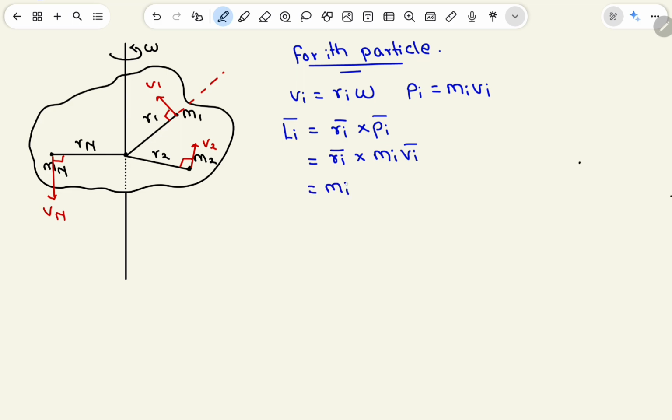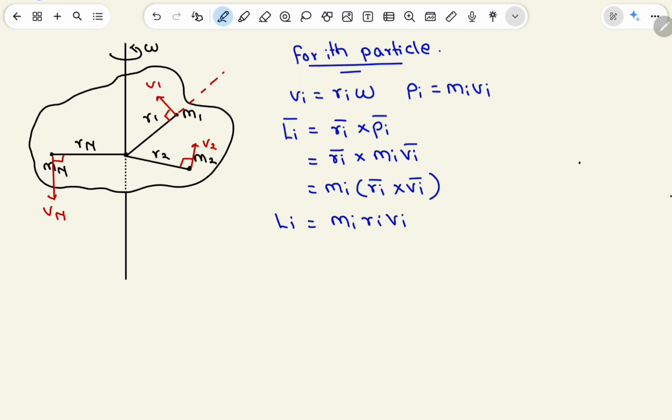Now m_i is a scalar. I take it out of the cross product, and what I get is m_i times r_i bar cross v_i bar. Now, we can clearly see from the diagrams that the r_i bars and the v_i bars are perpendicular to each other. So I can clearly write the magnitude of L_i as m_i r_i v_i.